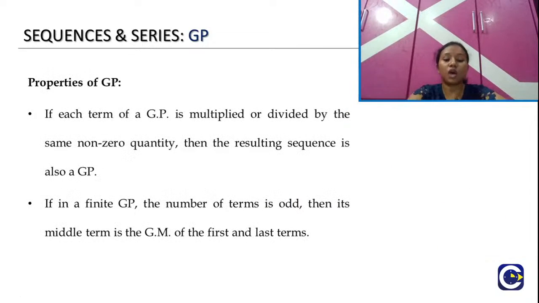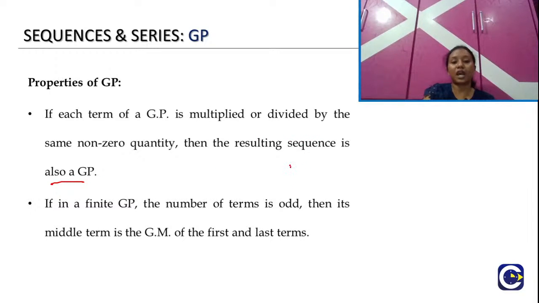Right. So after this series of GP, let's have a look over the properties related to GP, and then we'll go ahead and start solving questions related to our series of GP. The first property: if each term of a GP is multiplied or divided by the same non-zero quantity, then the resulting sequence is also GP.